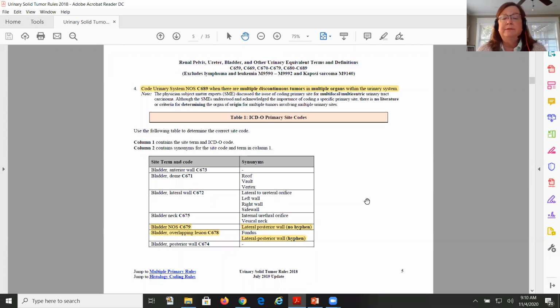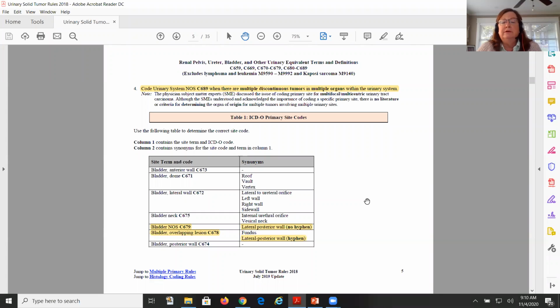And I've overlapped something that I found a little puzzling, so I thought I would just bring it up here. For bladder code C679, if the tumor location is described as lateral posterior wall of the bladder, and there's no hyphen between lateral and posterior, then you would code C679.